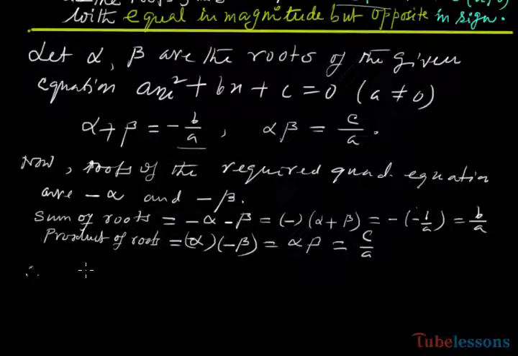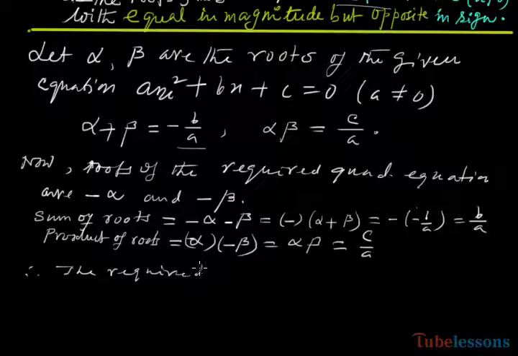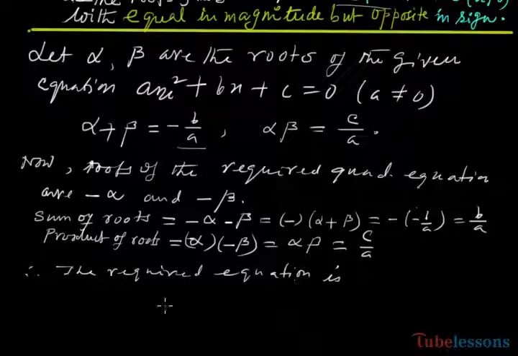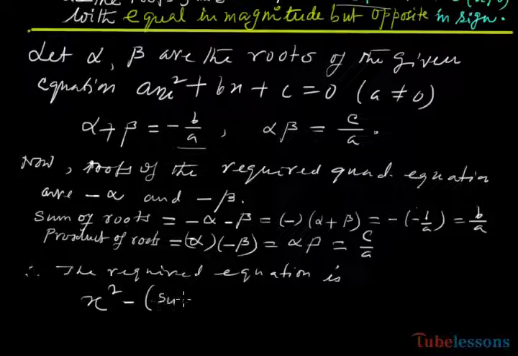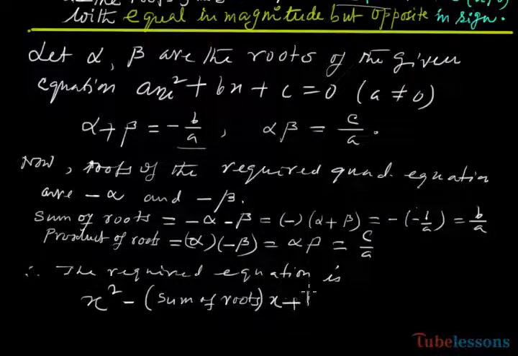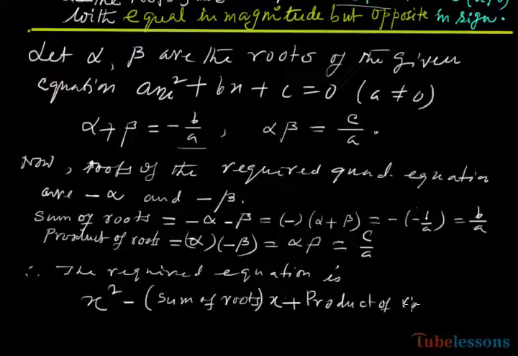Therefore, the required equation is x square minus sum of roots whole into x plus product of roots equals to 0. Now we put the values.